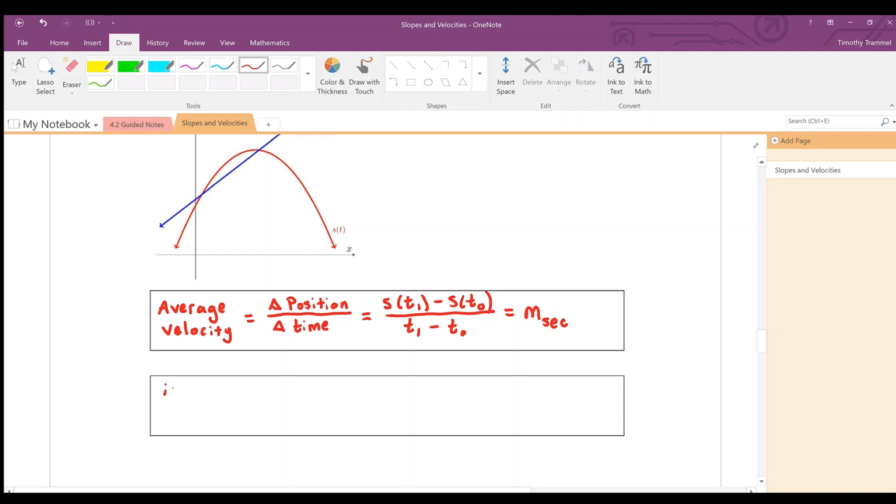We have instantaneous velocity. Okay. And this is equal to, can you guess? Okay. If we want to know it at a single instant, we'll use the tangent line. Okay, we'll find the slope of the tangent line.